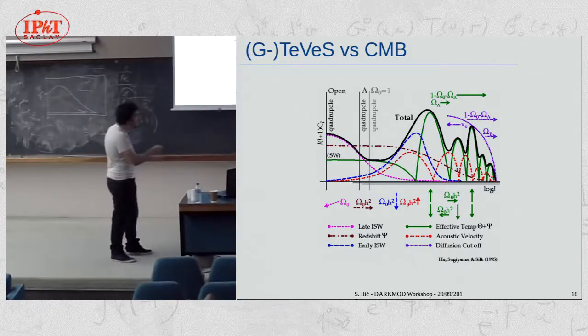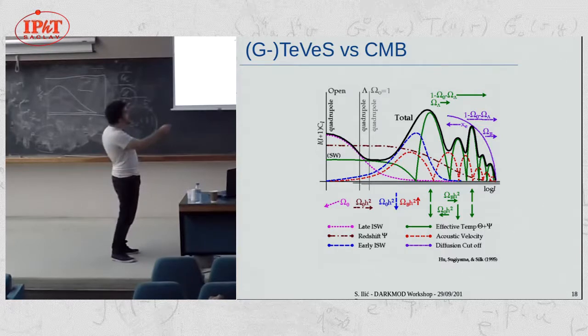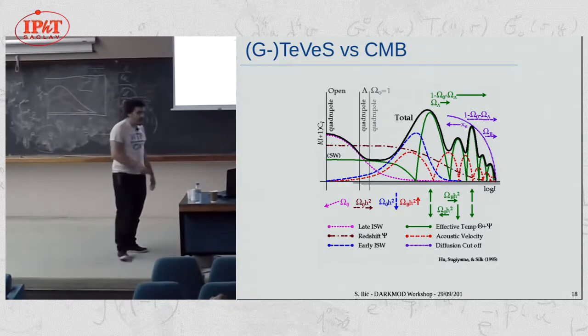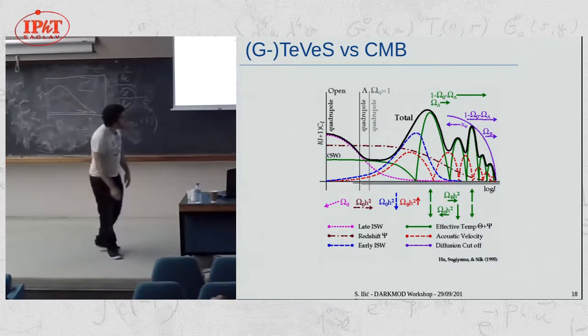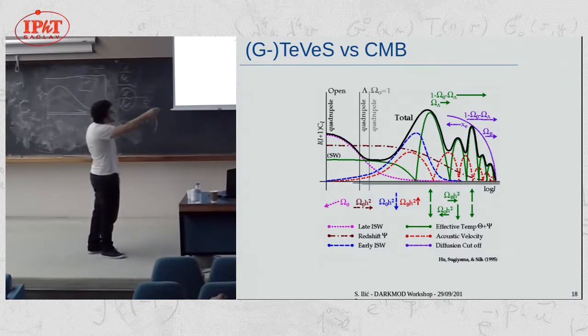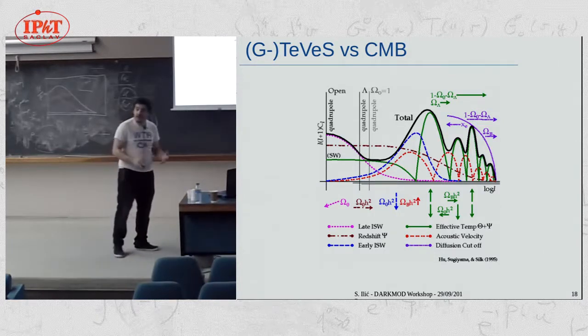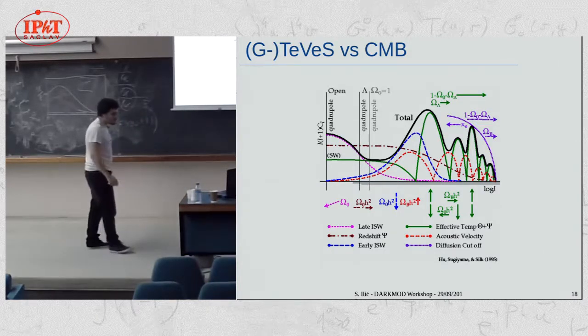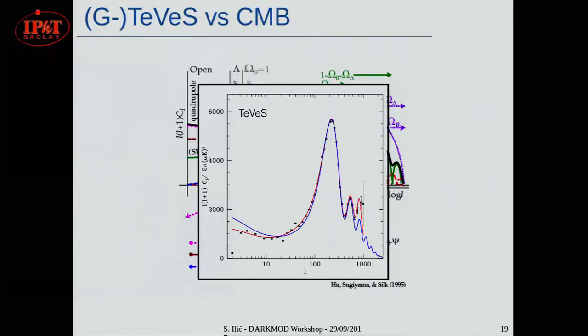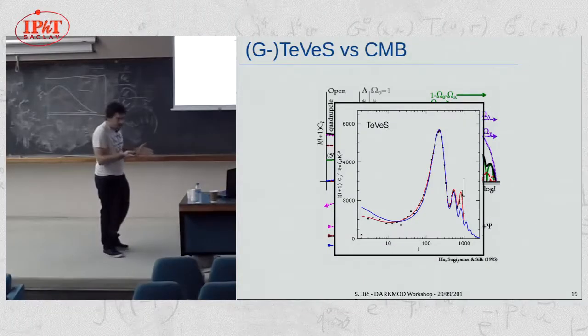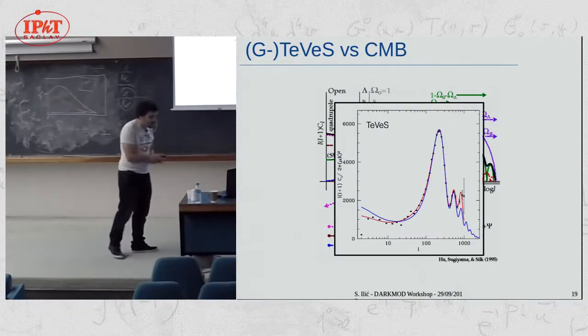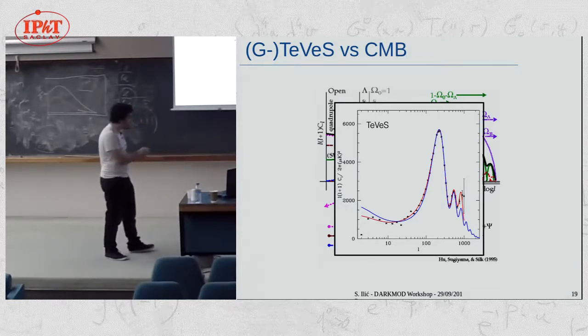So briefly speaking, CDM lowers the first 2 peaks compared to the third. So the relative height of this third peak is kind of a killer for this kind of model. And indeed, this is the kind of observation, the third peak, that has put serious strain on the classical TeVeS model, as it is very hard to reproduce.